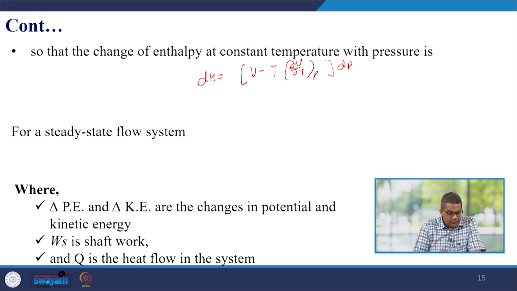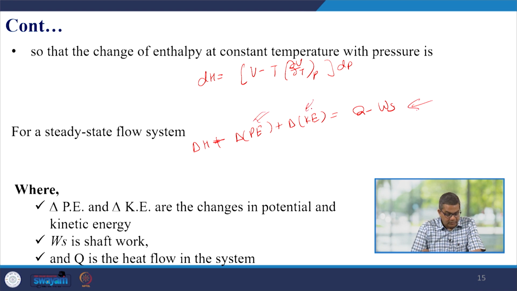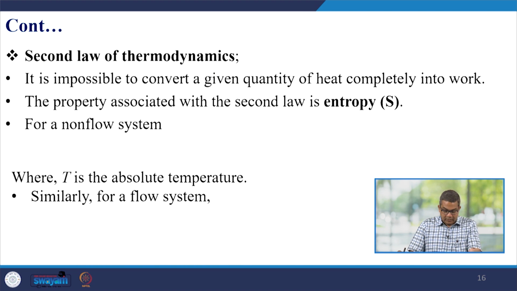For a steady flow system, it can be represented as delta H plus change in the potential energy plus change in kinetic energy is equal to Q minus Ws, where Ws is the shaft work and these are the potential energy and kinetic energy, and Q is the heat flow in the system.